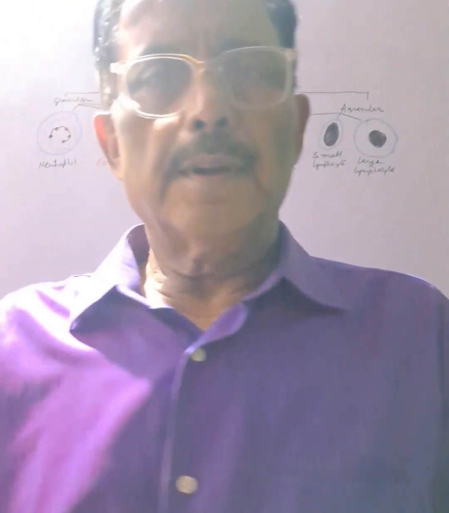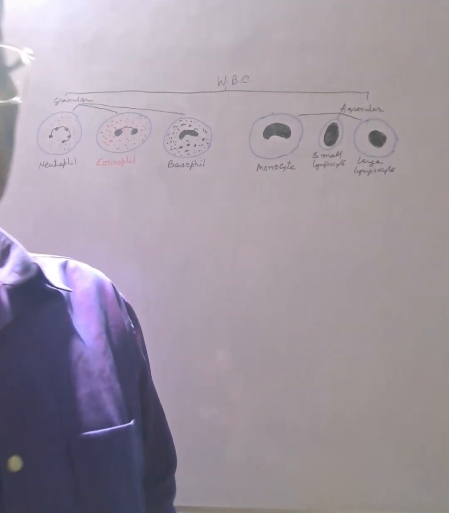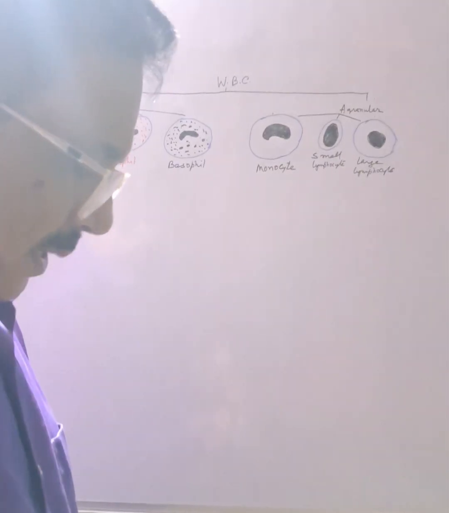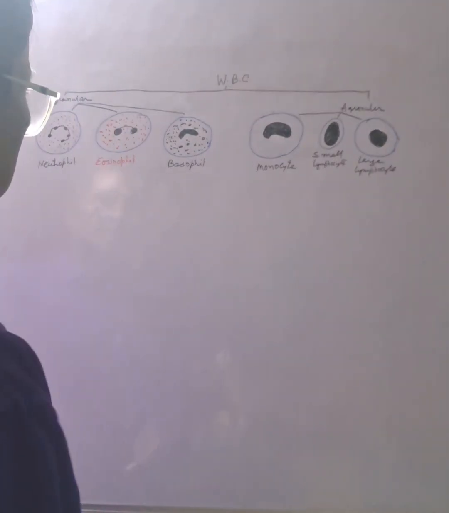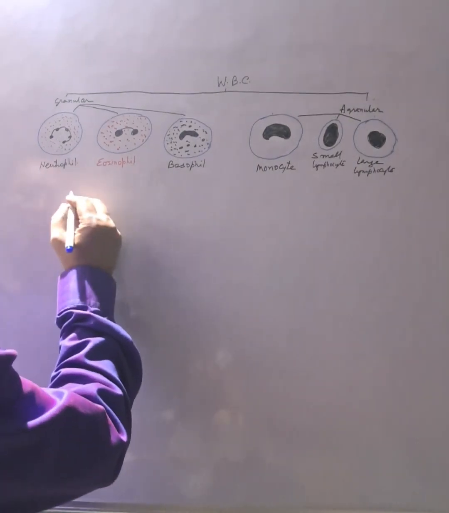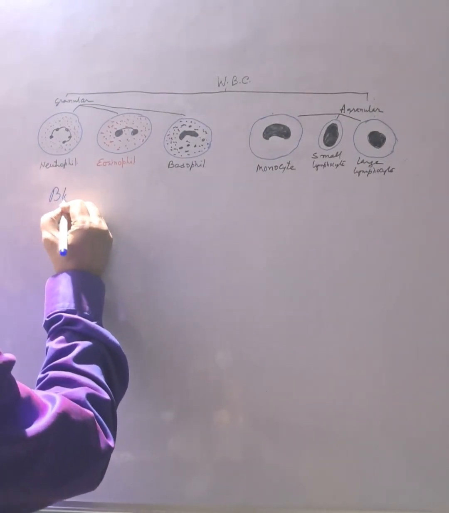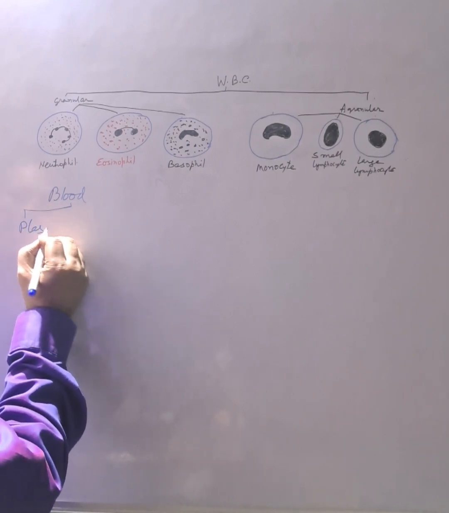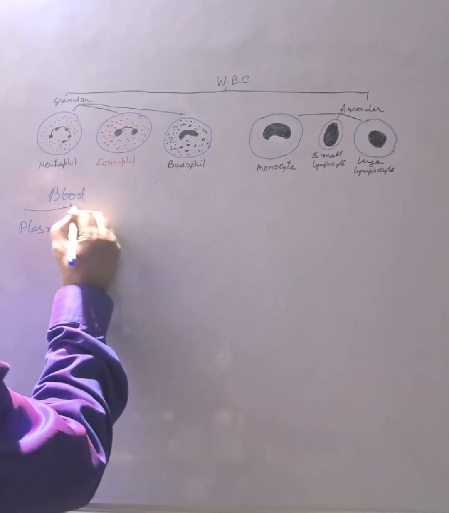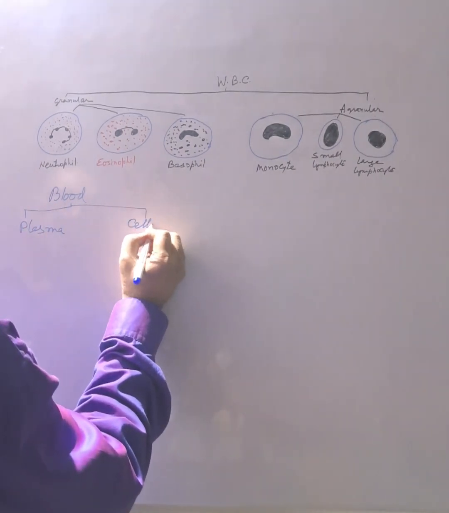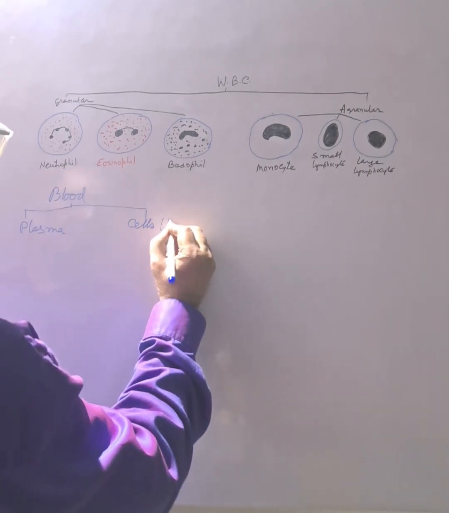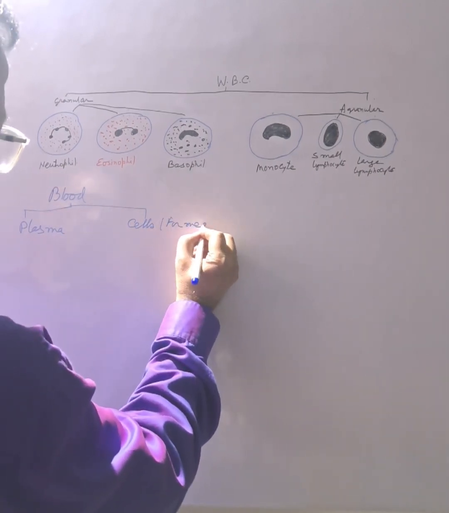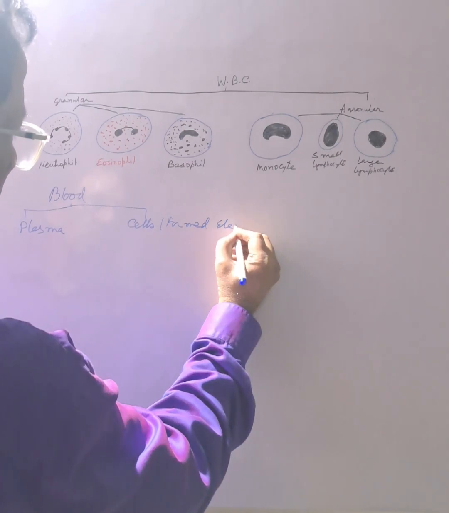Today I will talk about WBC. What is WBC? Blood is composed of plasma and cells, or form elements of blood.